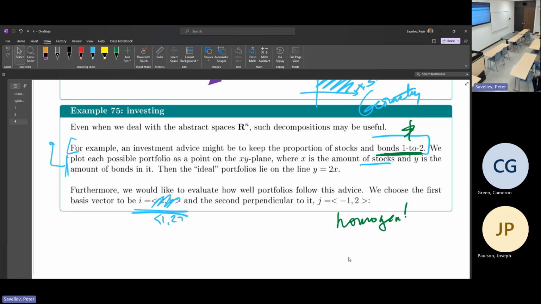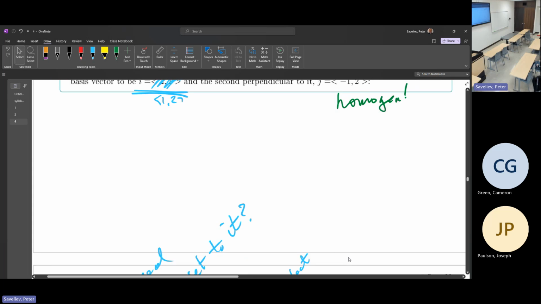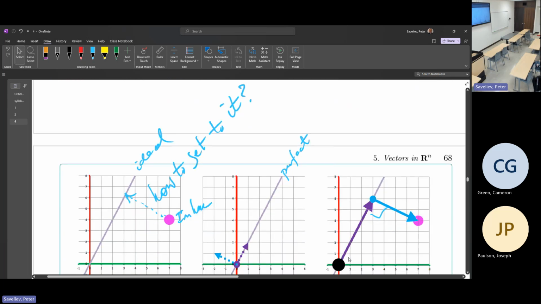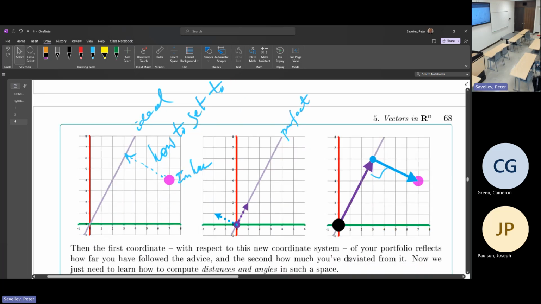Like I said, the prices change, and so your portfolio balance also changes automatically every day, because the advice is expressed in terms of dollars, not in terms of the number of stocks and number of bonds. But the point here is, suppose we do it homogeneously. We have dollars for each. Then the angles make sense. Distances make sense too. We don't have to invent anything because that's on the plane. So that's the idea.